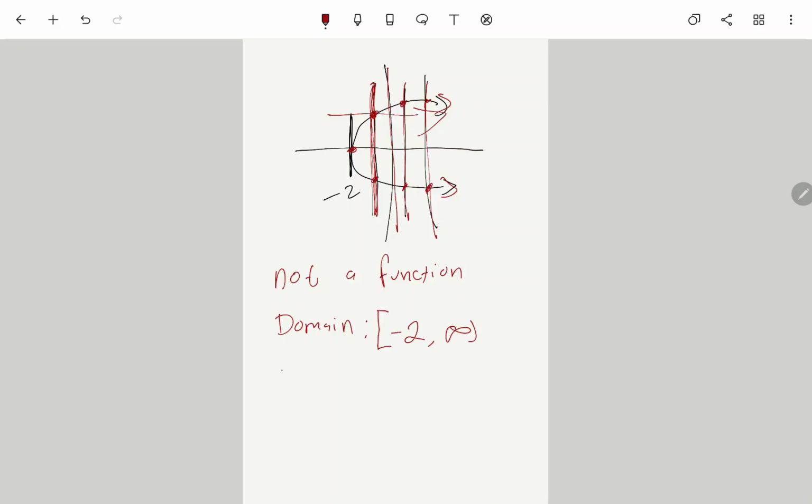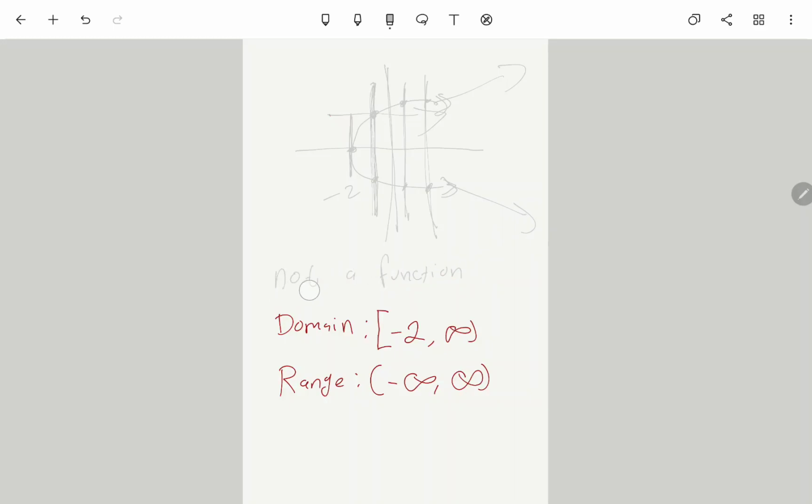Now we're talking about the range. The range is parentheses -infinity to infinity, because it's continuous like that. It never ends. Okay.